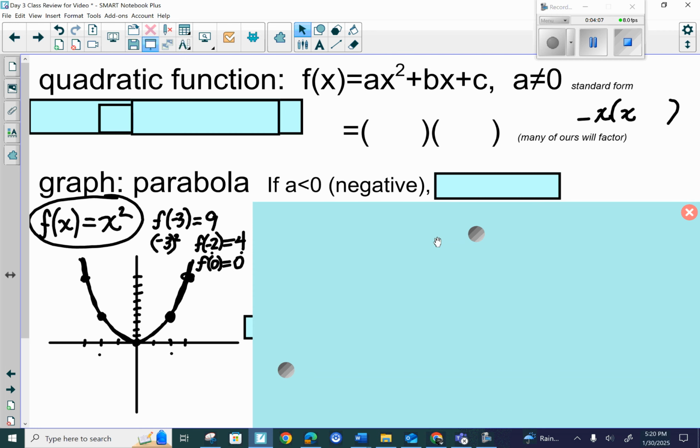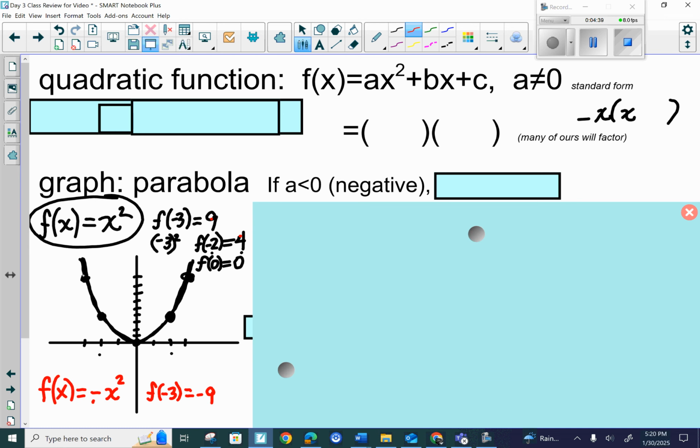If a, the leading term, happens to be negative, that is, if I think about f of x being, let's say, -1 times x squared, like this, that means I'd be taking all of my outputs, like 9 and 4 and 1, and making them negative. So here, f of -3, I would square that -3, but then I'd have to make it negative. Square and then negative, which would be -9.